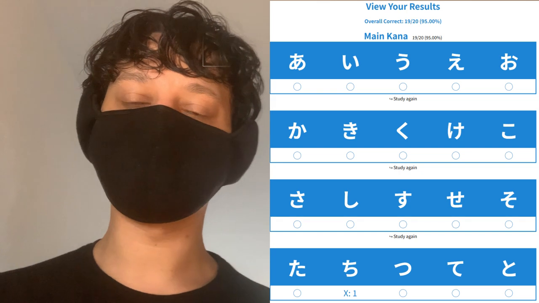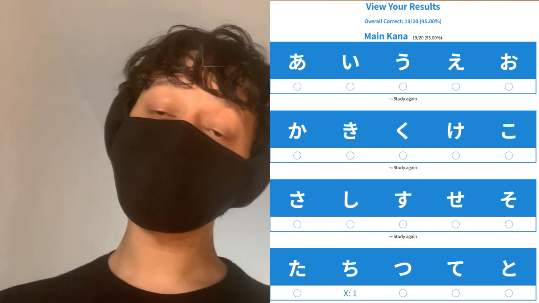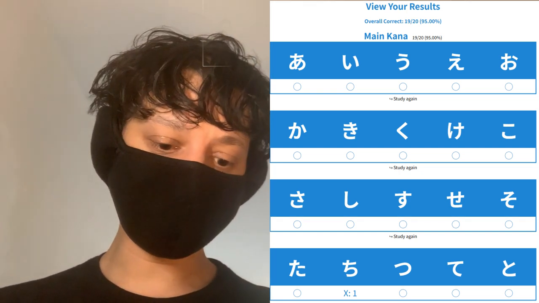Today I did the T part, so that would be ta, te, chi, tsu, and to. I did some quizzes, and also the proficiency parts of hiragana I was learning, and that was pretty successful. I was really happy with that.